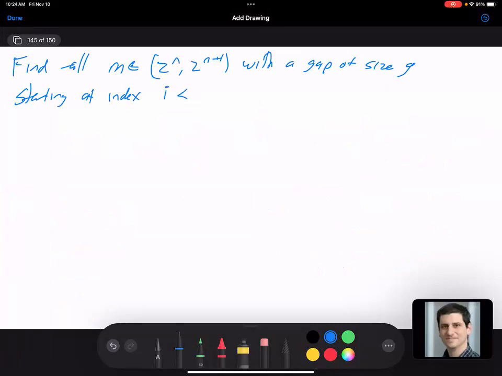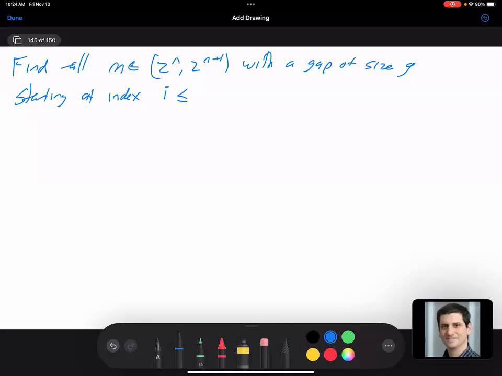And how large can i be? What's the largest i could be if we want to have a gap of length g? No, g minus 1. So remember, the possible indices are 0, 1, 2, 3, all the way up to n.